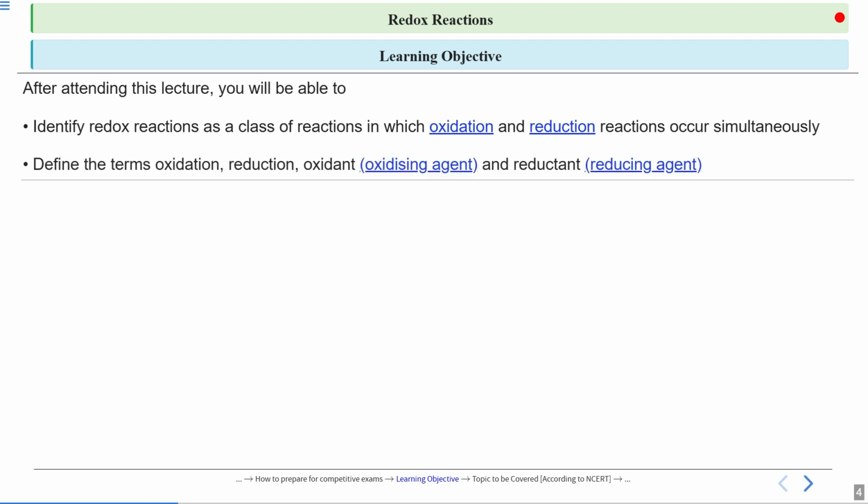Then define the terms oxidation, reduction, oxidant and reductant. That means after attending this lecture, you will be able to define the different terms and you will also be able to understand oxidation, reduction, oxidizing agent and reducing agent.